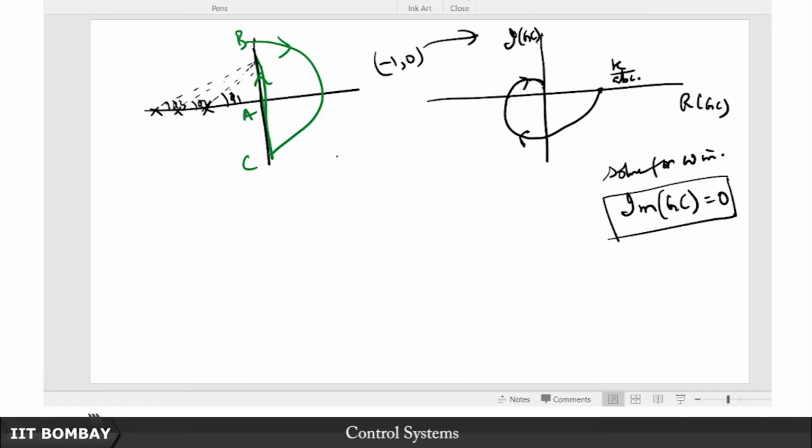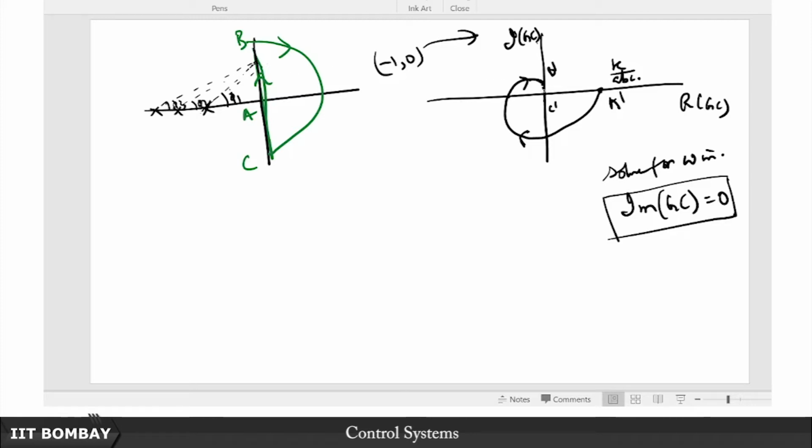Anyway, but again for the sake of completeness, from B to C, you see at B it is minus 270 degrees, at C it is plus 270 degrees I believe. So the net change in going from B to C, so this is A prime, this is B prime, and of course somewhere here is C prime. So in going from B to C, the net phase change is 270 minus minus 270, that is 540 degrees.